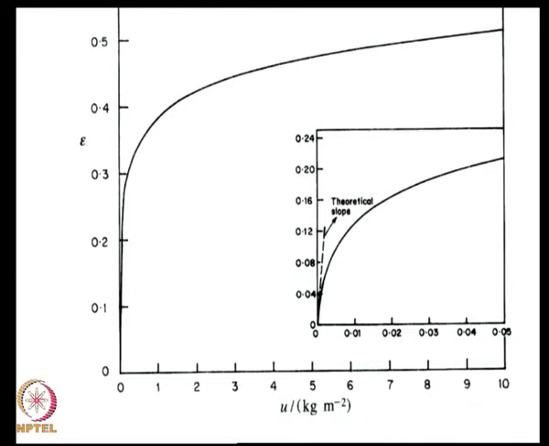And in the inset here, we have shown variations over a very small range from 0 to 0.08 kg per meter square, and you can see that this shape repeats itself when you even look at a smaller scale. Now, the interesting thing about this result for water vapor is that it is not a strong function of temperature.